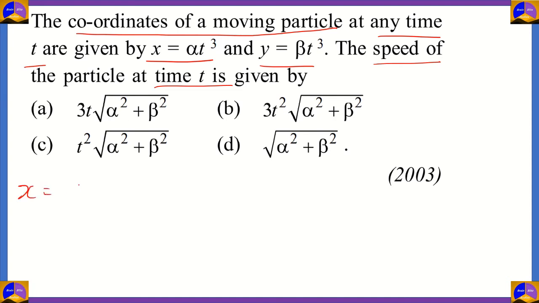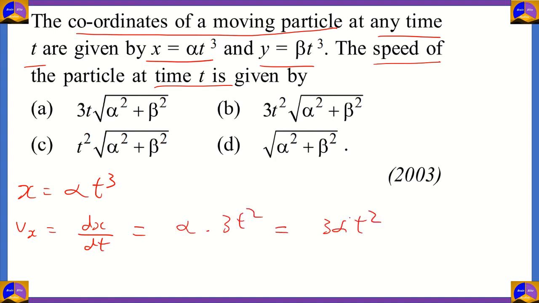We have x equals alpha t cubed. Velocity in terms of x can be found out as dx by dt. So that is alpha times 3t squared, which is 3 alpha t squared. Similarly, the velocity along the y component is dy by dt.